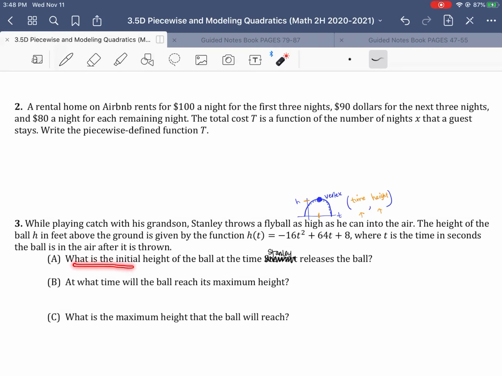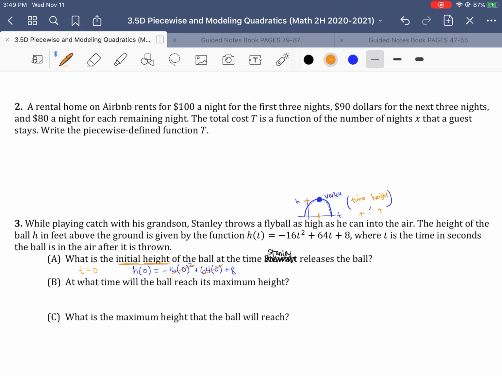So here it says, what is the initial height? Now, initial height means that no time has passed. So whenever you see initial height, no time has passed, meaning that t is going to be equal to 0. So essentially what we're saying is, let's find h of 0. If I have negative 16 times 0 squared, where t is equal to 0, then 0 squared times negative 16 just goes to 0. 64 times 0 goes to 0, and it's really just 8.